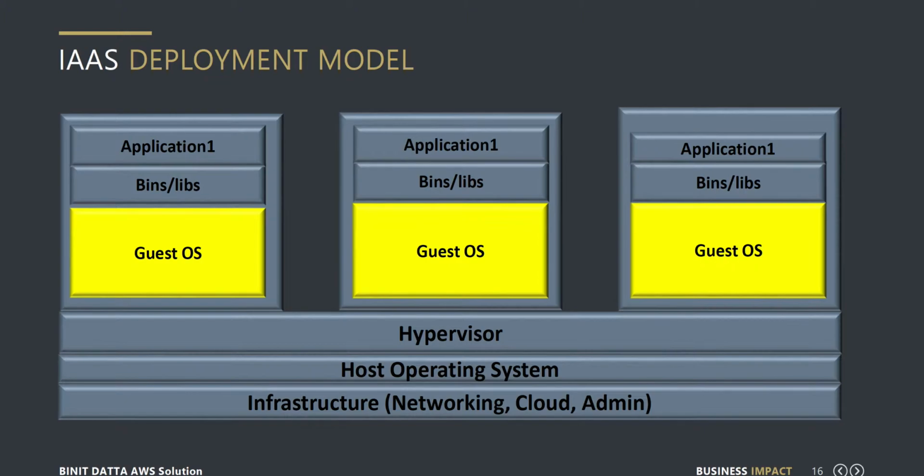Before we move on, this is something we would like you to keep in mind. This is a diagram of how virtualization works. As you can see, at the bottommost level, we have the bare metal networking infrastructure. On that we have the host operating system, and then the hypervisor. On that hypervisor, we have guest operating systems.